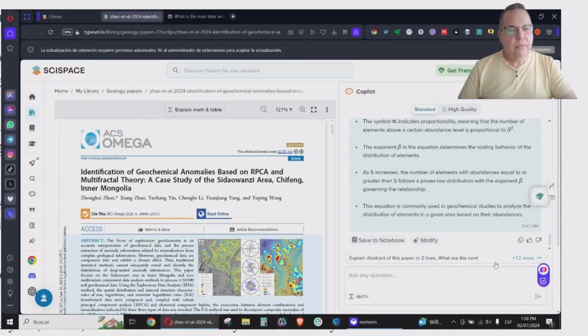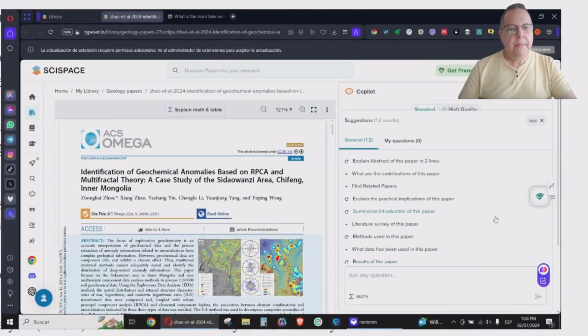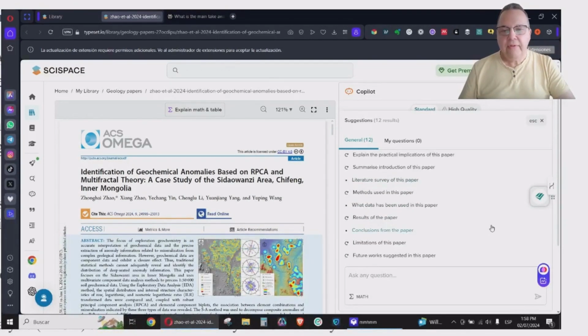And if you click here, these are some of the main standard questions that you can ask the paper, like explain the abstract, what are the related papers, explain the practical application, talk about the literature, the method, what are the main results, etc. You can even get explanations about math.